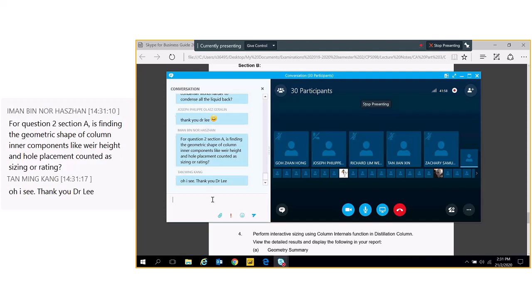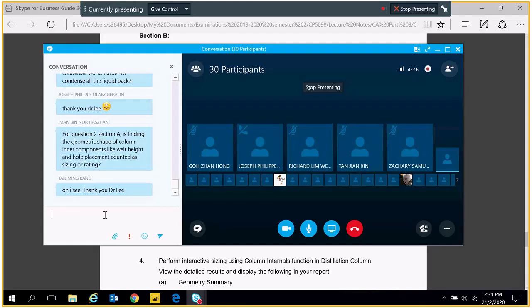All right. So, yeah, Iman. Is finding the geometric shape of column inner components, like weir height and hole placements, counted as sizing or rating? In our case here, it's a sizing problem because we don't have a distillation column in our case.